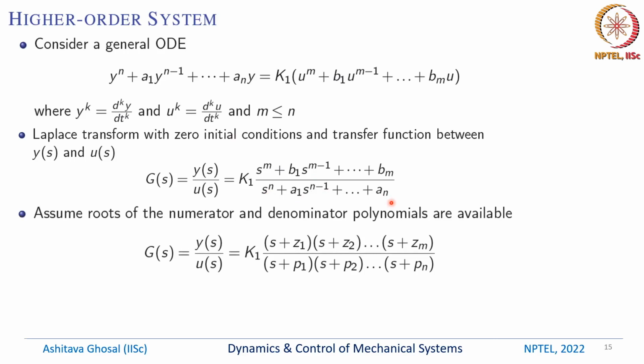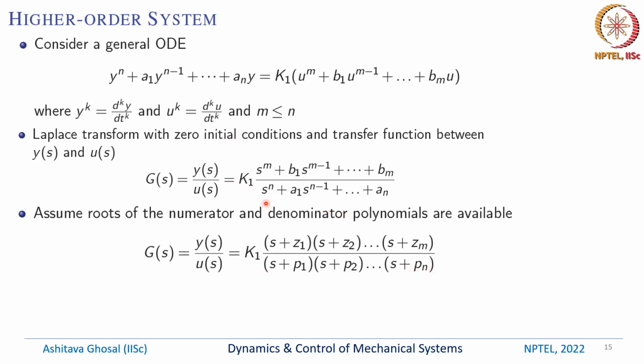Let us assume that we can factorize these polynomials, or find the roots of these polynomials. The numerator can be written as k1 into s plus z1, s plus z2, up to s plus zm. The denominator polynomial can be written as s plus p1 into s plus p2 all the way till s plus pn.